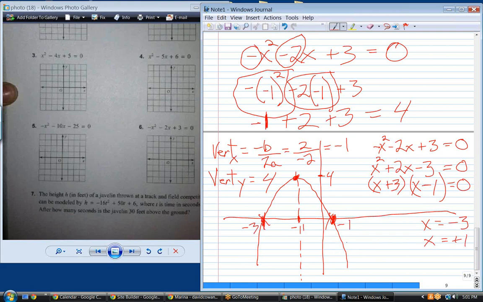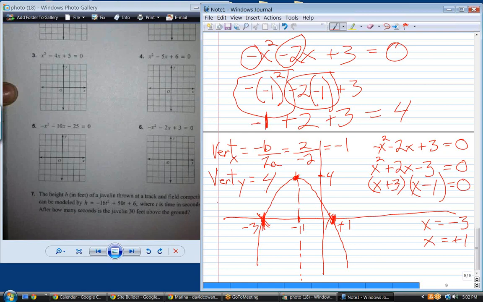Notice I couldn't really read that from the graph. Excuse me, that's positive 1. I couldn't really read that off the graph. I had to solve it to come up with those numbers. In fact, I have to solve it to even graph it. I can't figure out where those 2 points are without factoring that thing and solving it. I was not able to figure out where it was from the vertex only. In fact, the vertex didn't really do me any good.